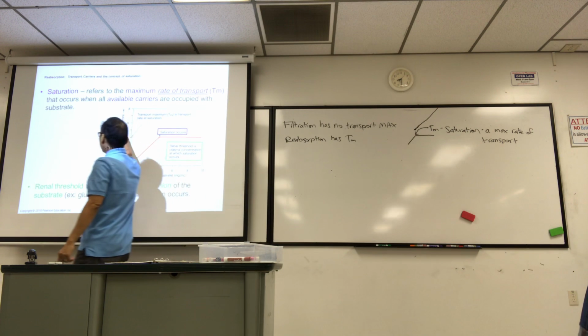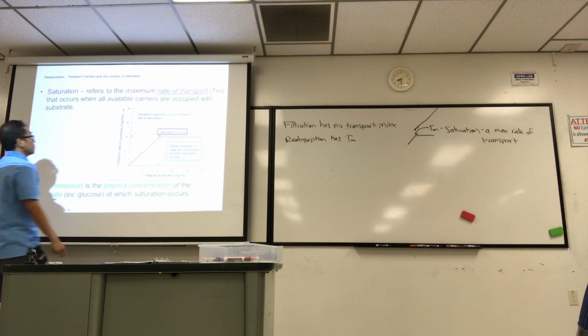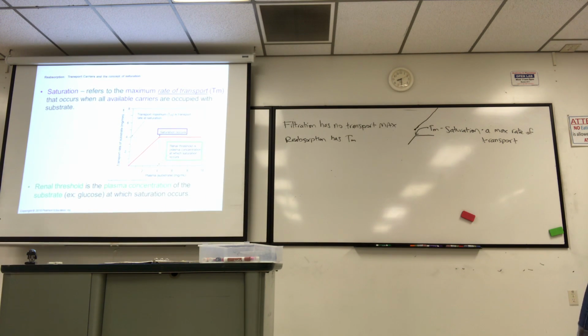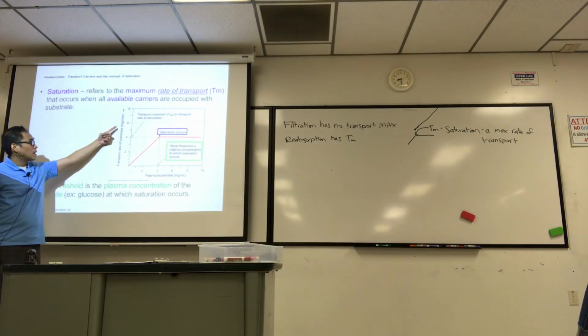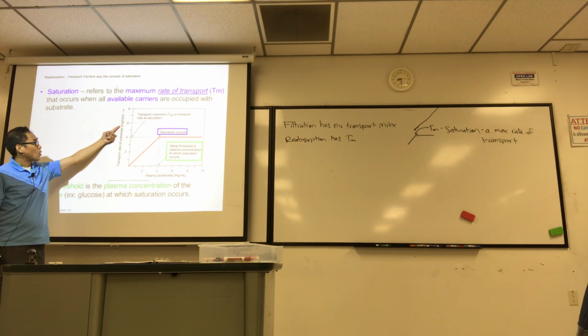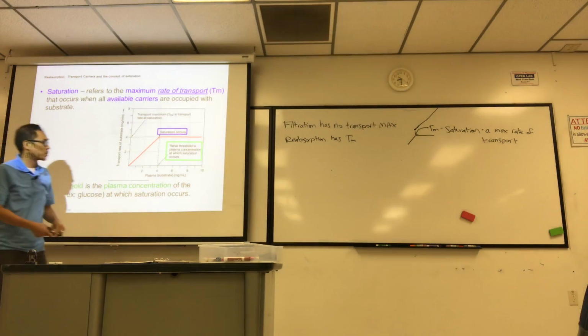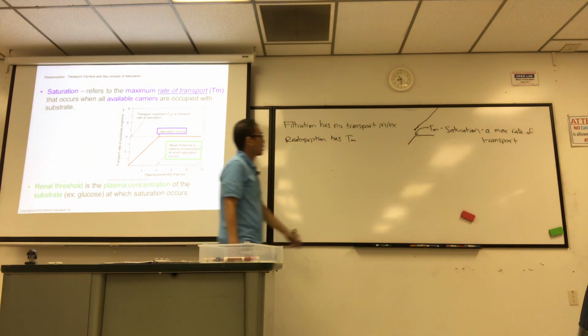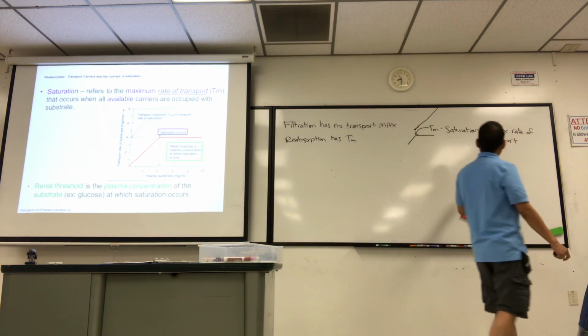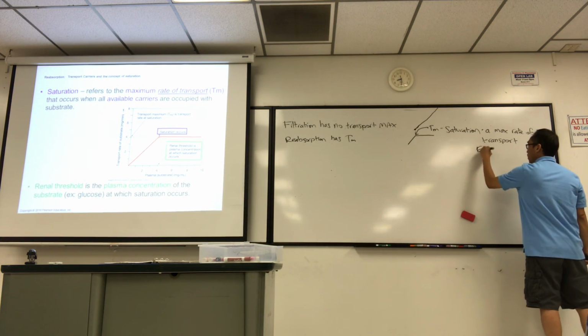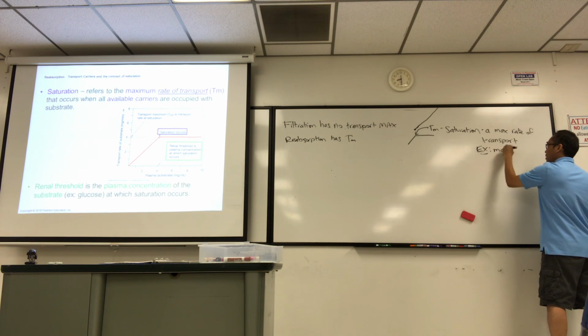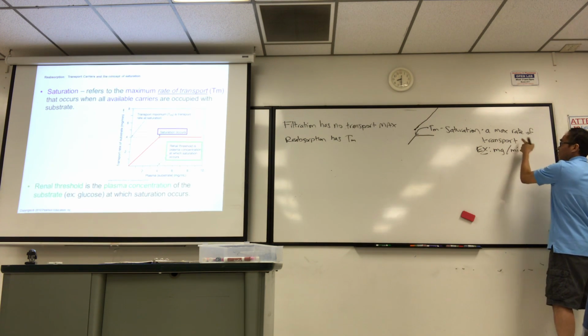Right here, they say on this slide, mgs per minute. You're transporting some physical weight of molecule per unit time. Okay, that's a rate of transport. So for example, mgs per minute, rate of transport.